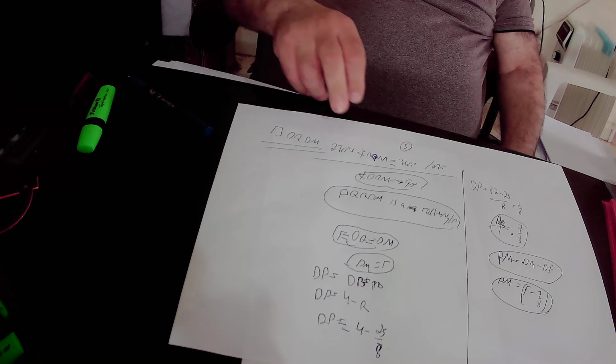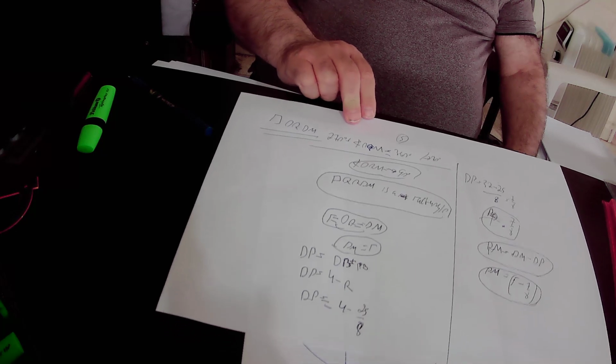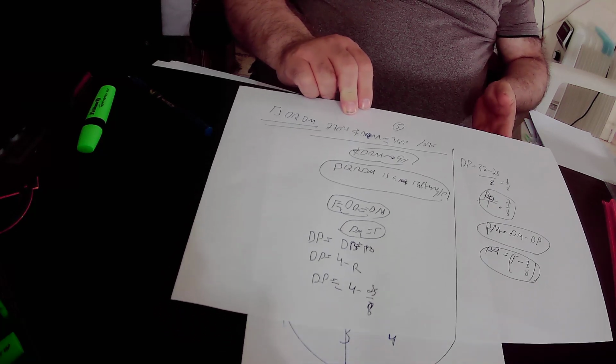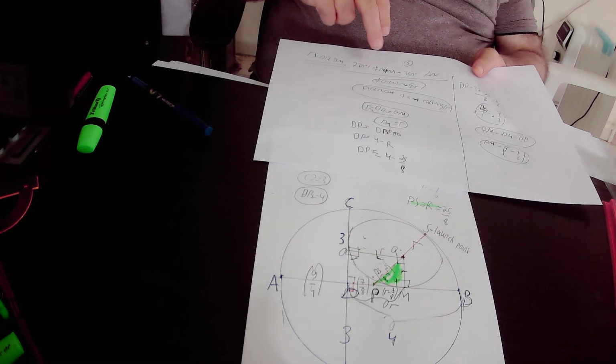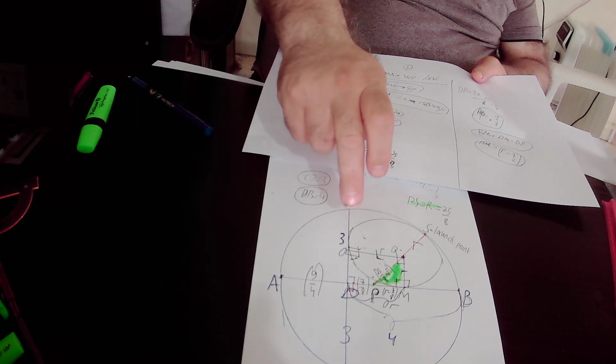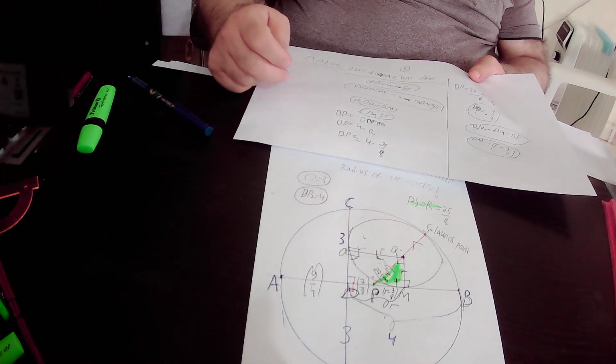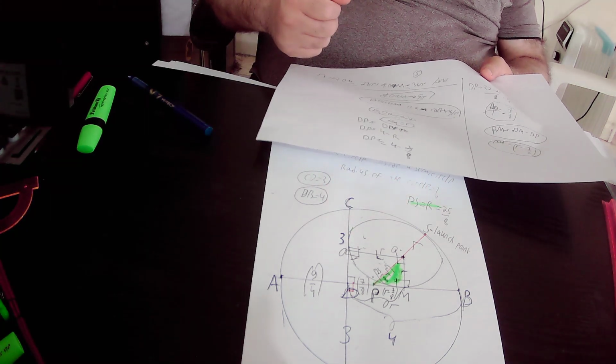So quadrilateral OQDM is a rectangle, and we know that the opposite sides of a rectangle are equal to each other. So in rectangle OQDM, side OQ must be equal to side DM, according to the rule that the opposite sides of a rectangle are equal.